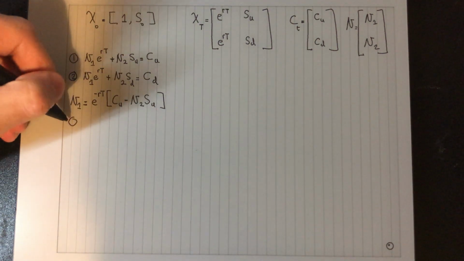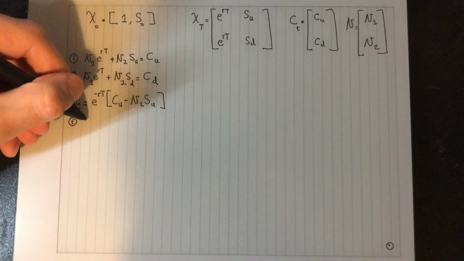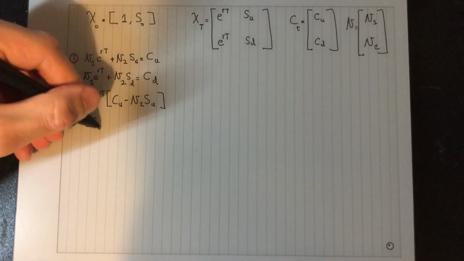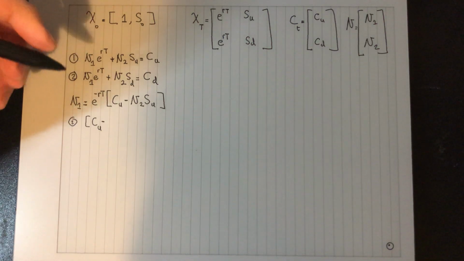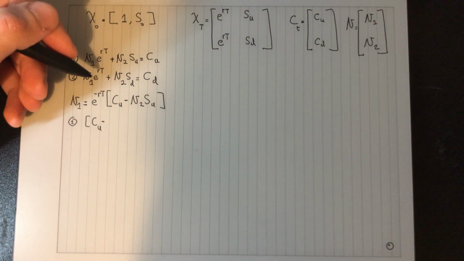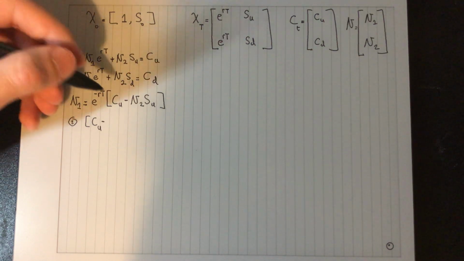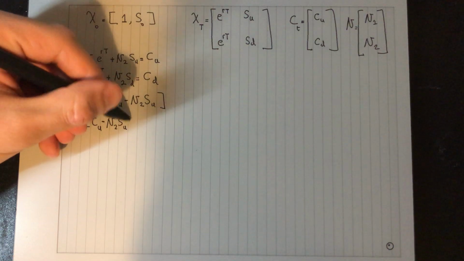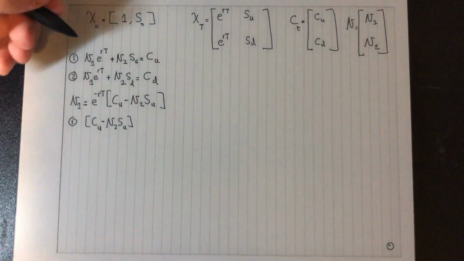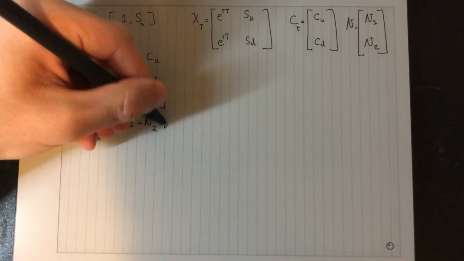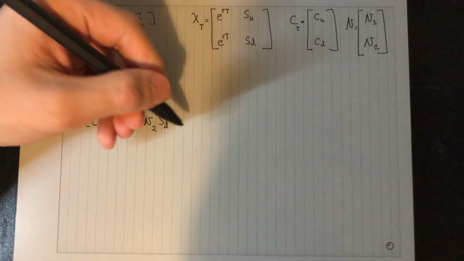So equation 2 would simply be C_U minus N2 S_U plus N2 S_D is equal to C_D.